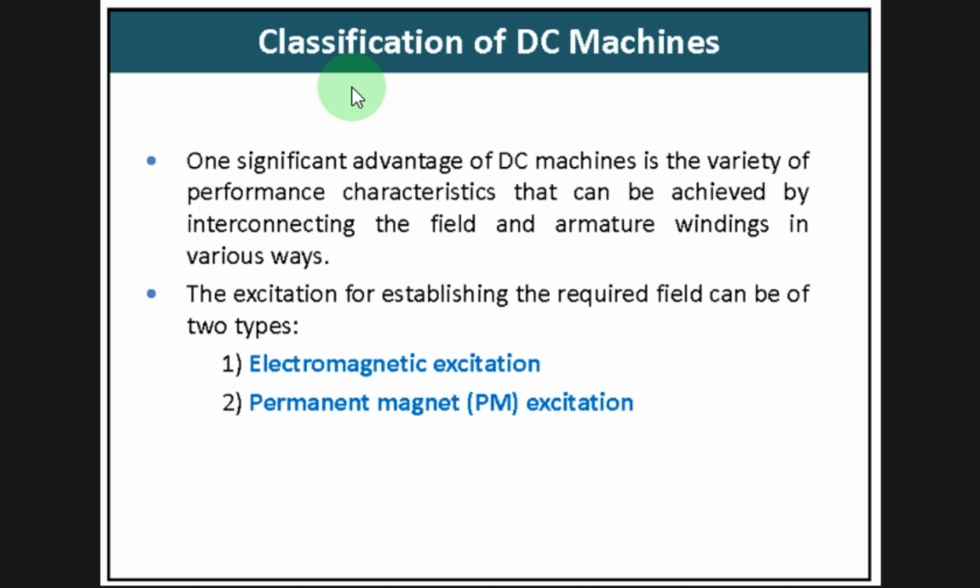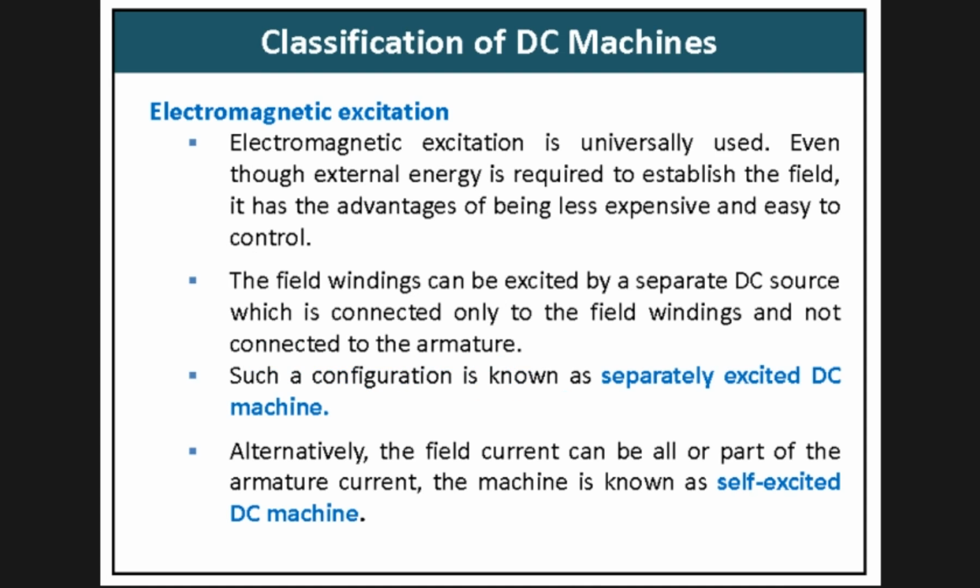So they both are coming under electromagnetic excitation. But the last type that I discussed was about the permanent magnet excitation. Normally it is considered as a separately excited DC machine. So under electromagnetic excitation, we said that there are two types: separately excited and self-excited.